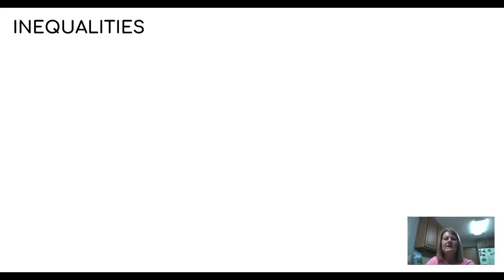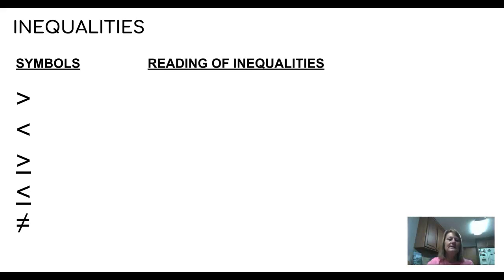First off, the inequality symbols that we're going to talk about are greater than, less than, greater than or equal to, or less than or equal to. And then there's also the not equal to. Let's talk about how you read these inequalities. If you saw it in a problem, that would read x is greater than 3.